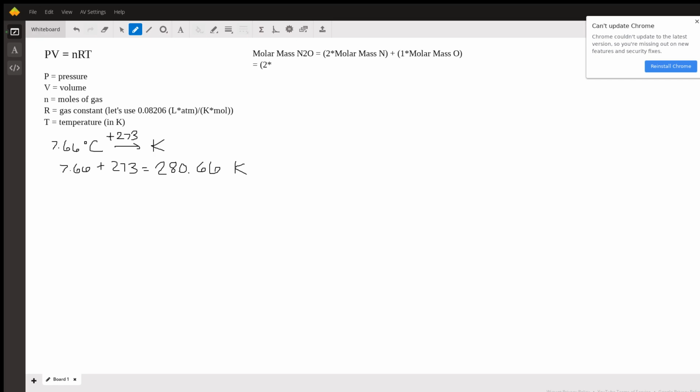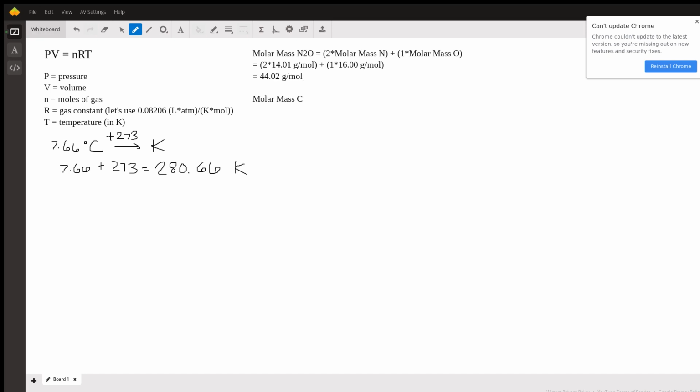So it's 2 times 14.01 grams per mole, plus 1 times 16.00. That comes to 44.02 grams per mole.